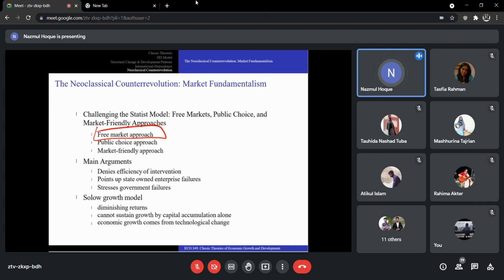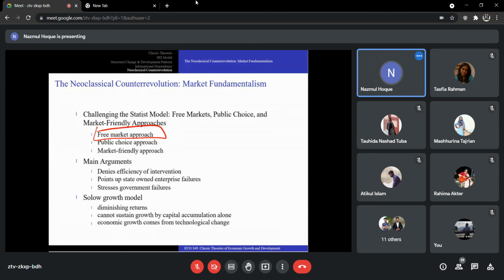Then we have the market-friendly approach. According to this approach, the free market is still the best option, but there are significant market failures because of different factors like information problems.